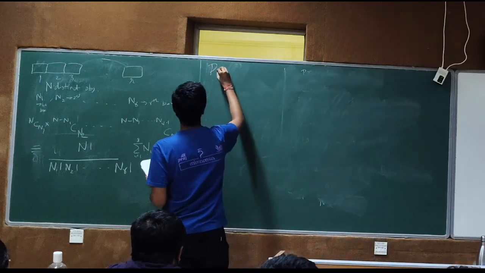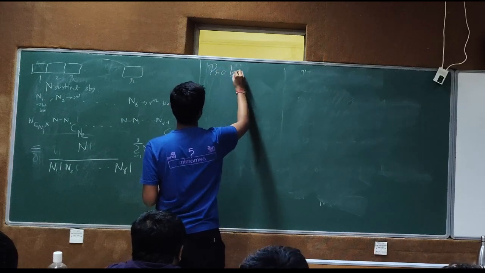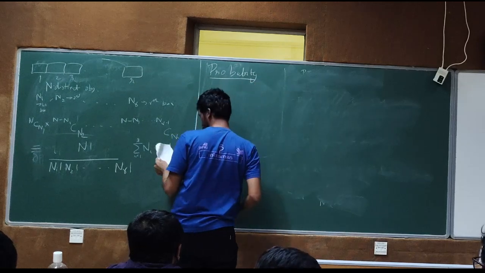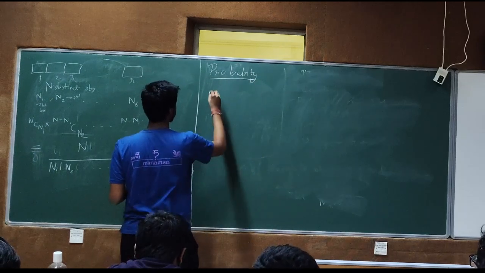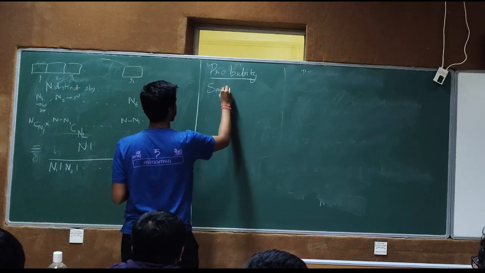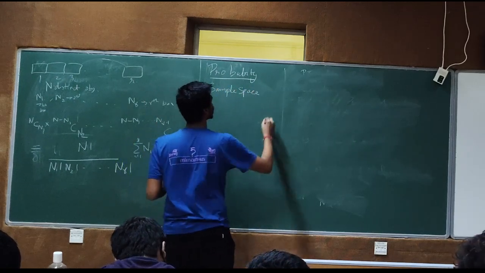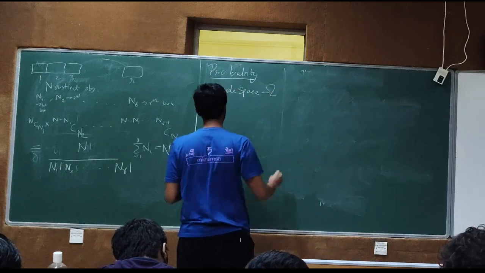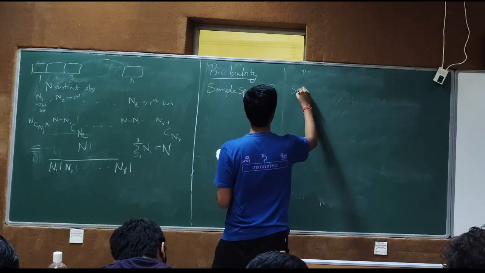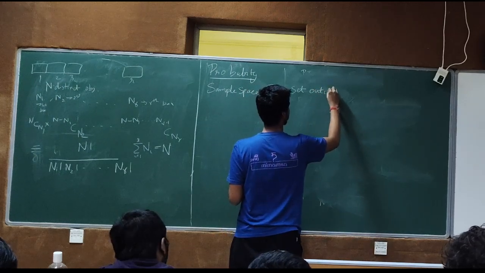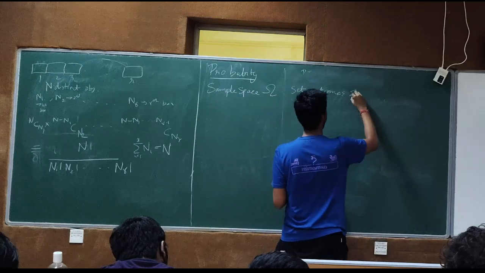Now let's see what probability we need. For this, we define a sample space. This is the set of all outcomes of an experiment.